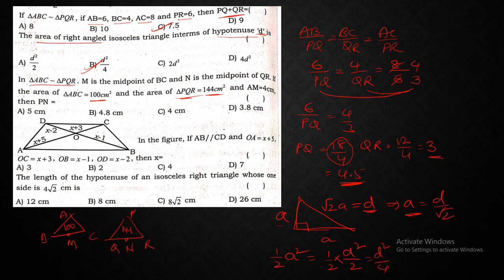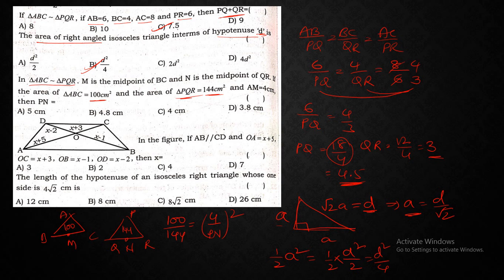So what did he ask? He has given areas and medians, so it is the relation between areas and medians. He has elaborated the question, but actually it is related to areas and medians. Directly I can take 100 by 144 is equal to median 1 square, so 4 by PN whole square.